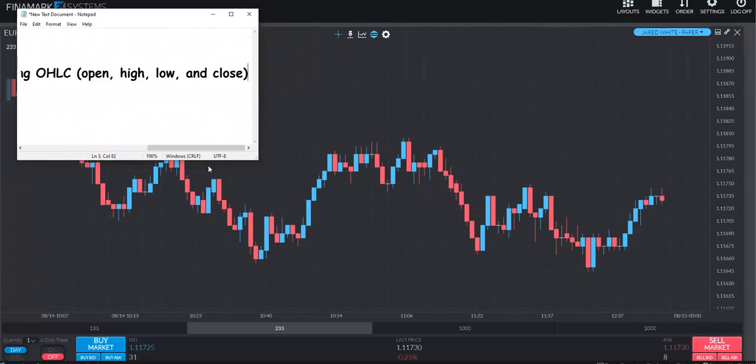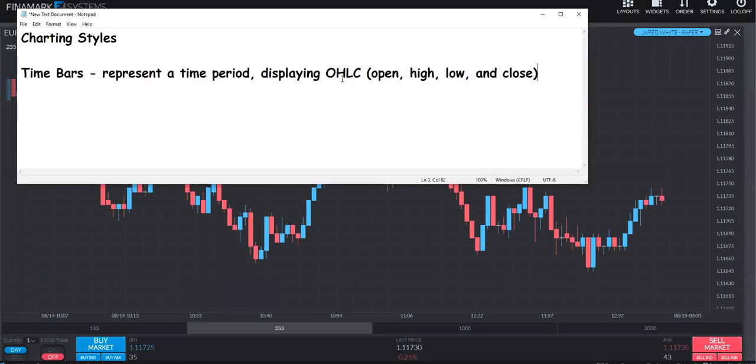All right, so what I wrote down, just a quick little note to get us caught up to where we were. I just wrote time bars represent a time period displaying OHLC, open, high, low, and close. That's what the time bars display in regards to the information, okay? So don't be confused with anything else. We will get through things. But that's the information that's provided to us during a period of time. It displays those things. And that is the long story short of what a time bar is.